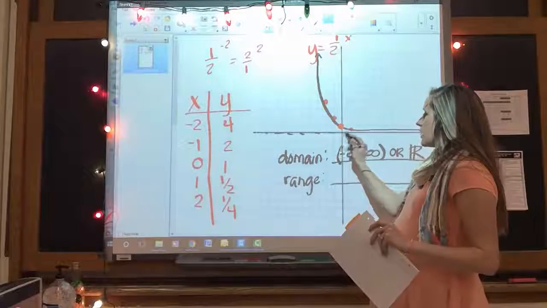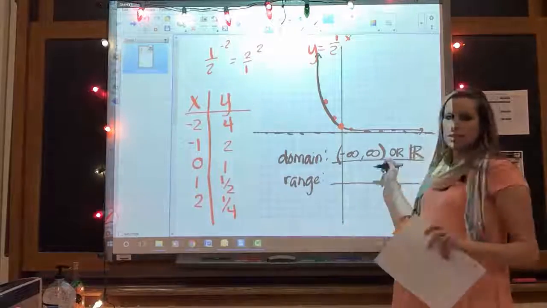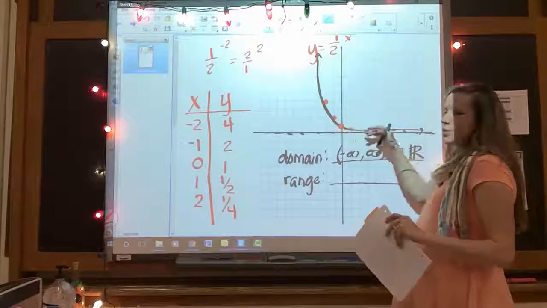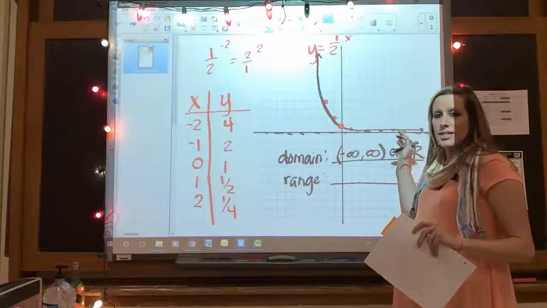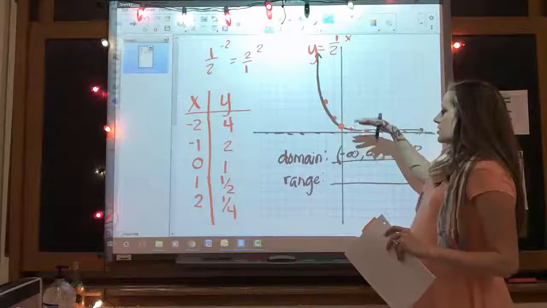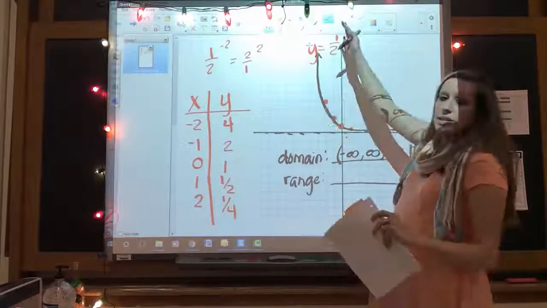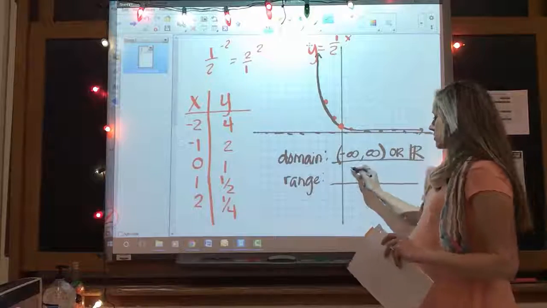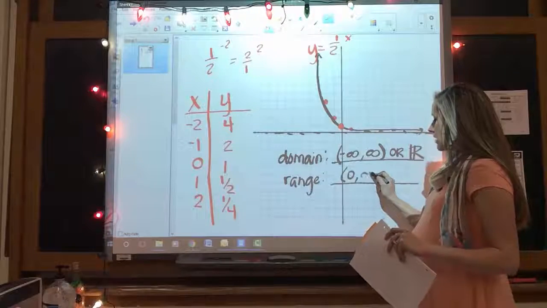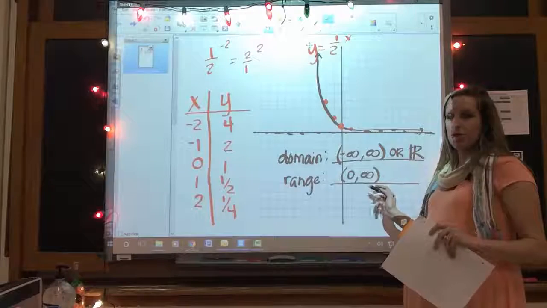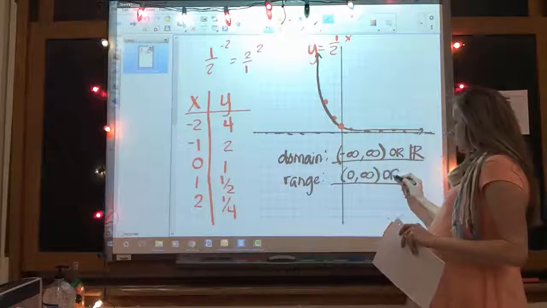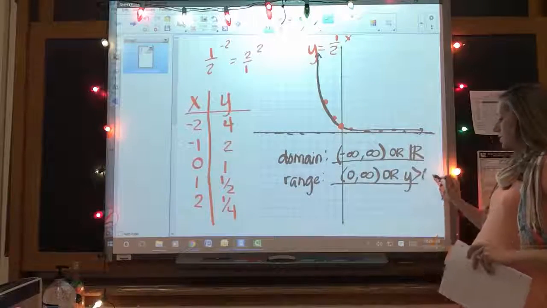We have a horizontal asymptote at y equals 0, right? So it gets really, really close to it, but it doesn't actually touch it. So it's going to start at 0, and then it's going to go up forever and ever. So 0 to infinity. Make sure they both have parentheses. Or you could say y is greater than 0.